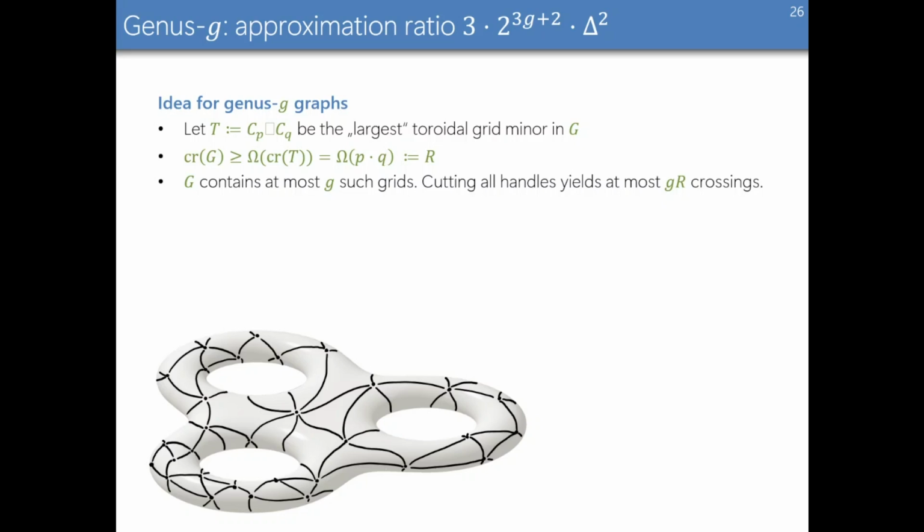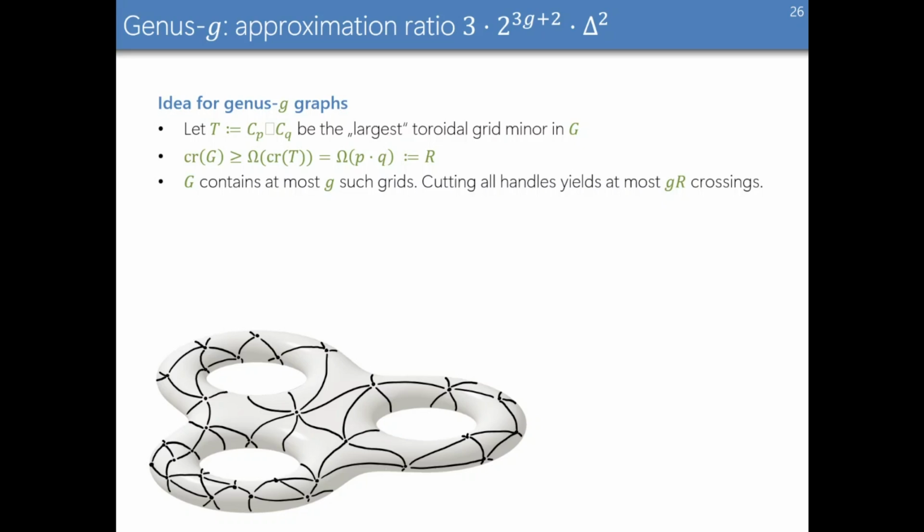And then the idea could be, well, I just cut through all the g handles, and so at the end, I just produce something like g times the number of crossings I assume for a toroidal grid, and the toroidal grid is in there. So this kind of relates the optimal solution to what the algorithm may do by cutting every handle to the lower bound.